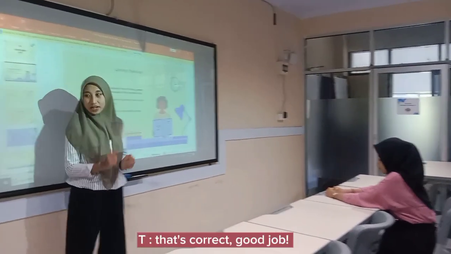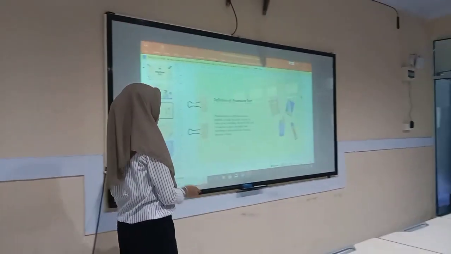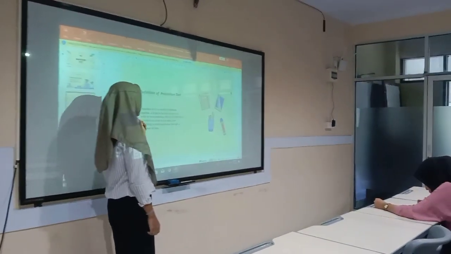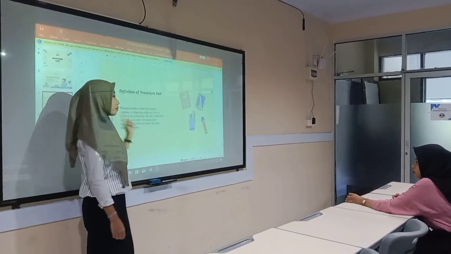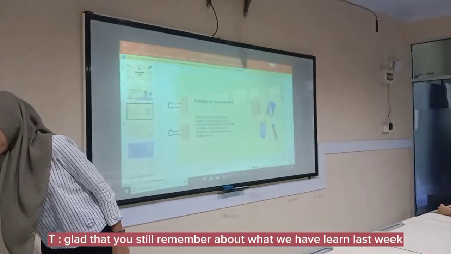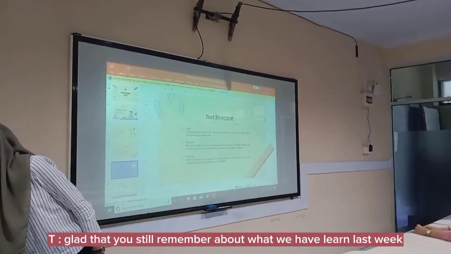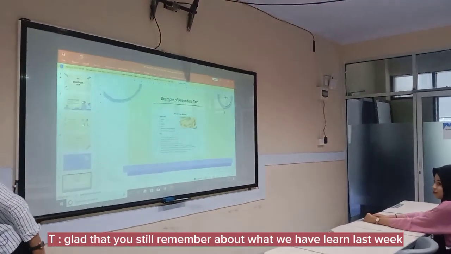Okay, that's correct. Good job, Snow. This procedure text is the text that informs, explains, or helps the reader on how to make or do something. I'm glad that you still remember our lesson from last week.